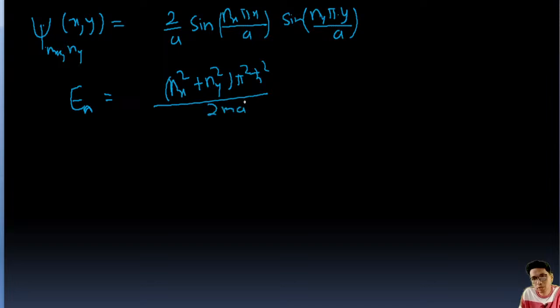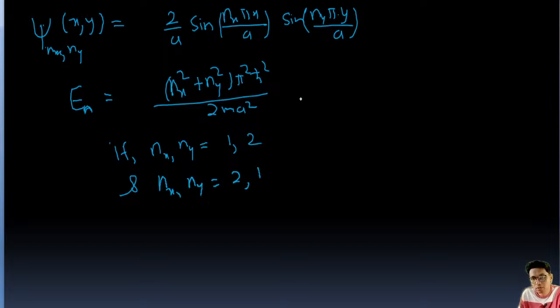If we put n_x and n_y equal to 1, 2 respectively, and n_x and n_y equal to 2, 1, this gives the same value, that is 5 h cut square upon 2ma square.